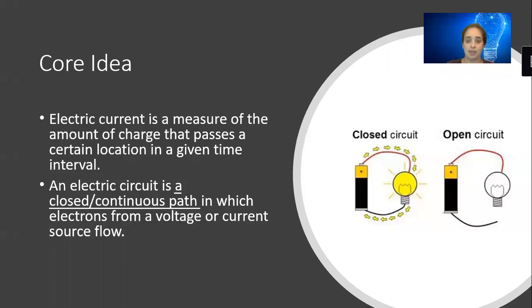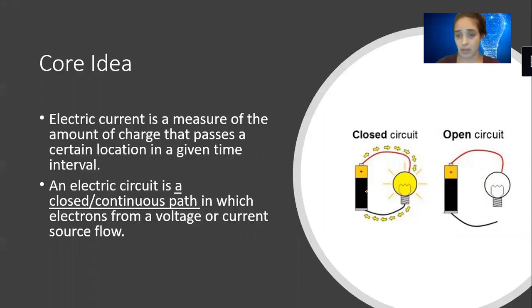So the last thing we're going to cover is this core idea for today's lesson. So electric current is a measure of how much charge passes at a certain location over a given amount of time. Right? So again, current is electrons that are flowing, electrical charge that's flowing around over a certain amount of time. And an electric circuit is a closed or continuous path in which electrons from a voltage source or a current source flow.